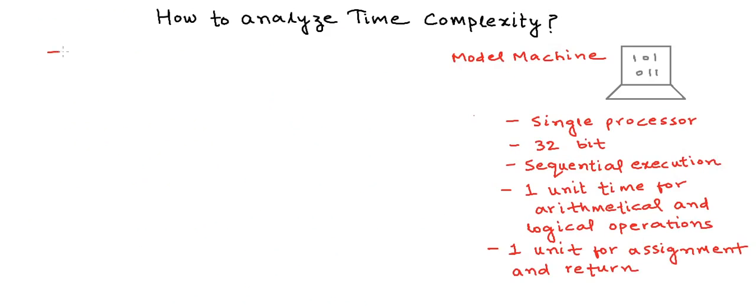So for the first example that we had picked, we had the time taken to sum up two elements equal to some constant. Let's say this constant was k. The second example was where we wanted to have the sum of elements in a list, and in this case our time taken was a linear function of n, something like c into n plus c dash, where c and c dash are some constants.